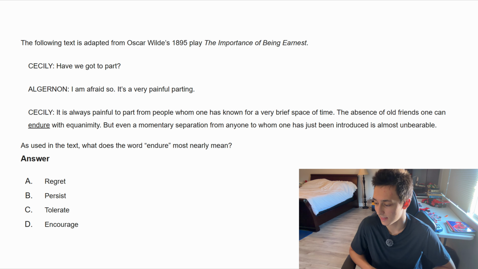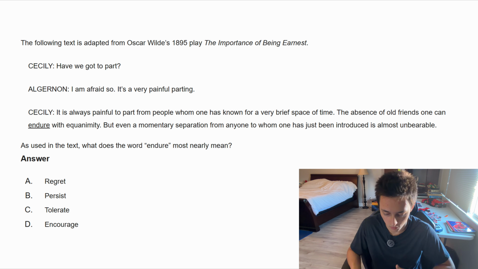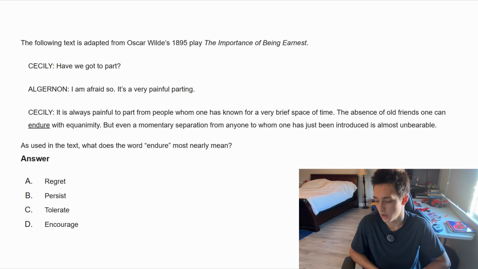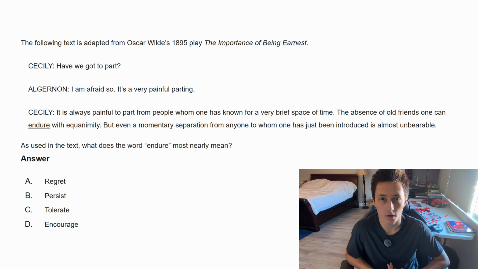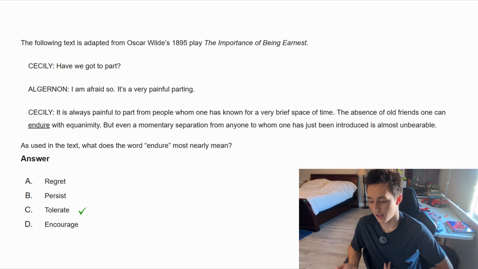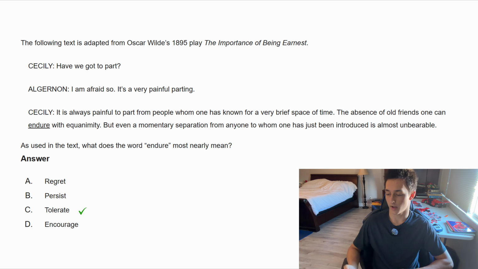One can regret the absence, no. Persist is kind of to like continue moving forward. Bear the pain and continue moving forward are completely different. Tolerate. If I'm tolerating something, I'm bearing with it, right? That makes perfect sense. And then encourage doesn't align. So C is dead obvious correct here.